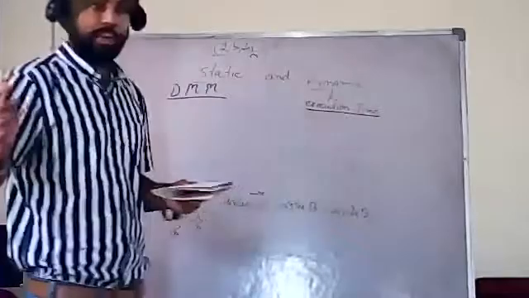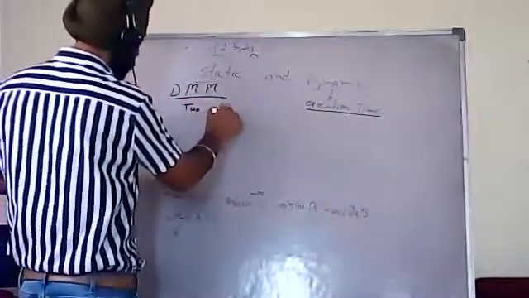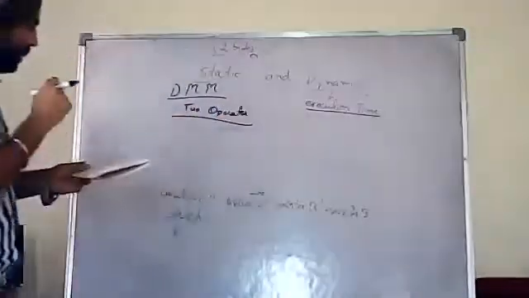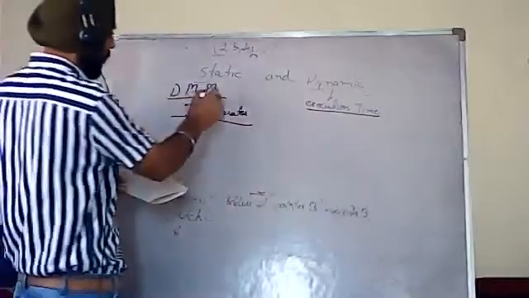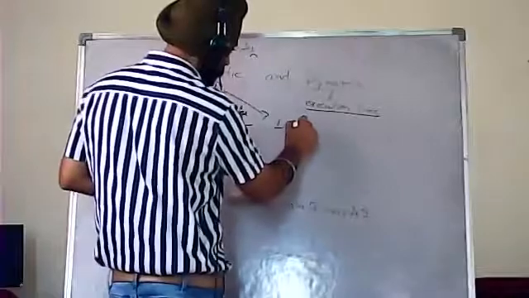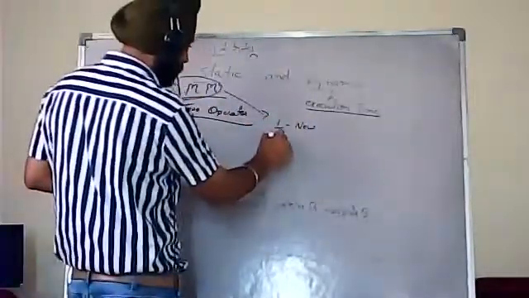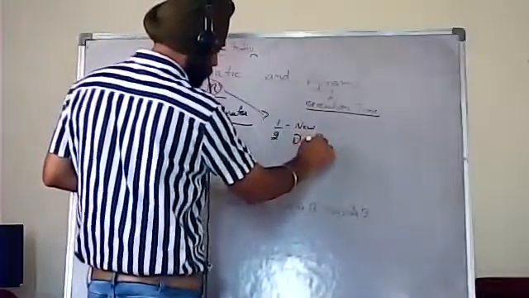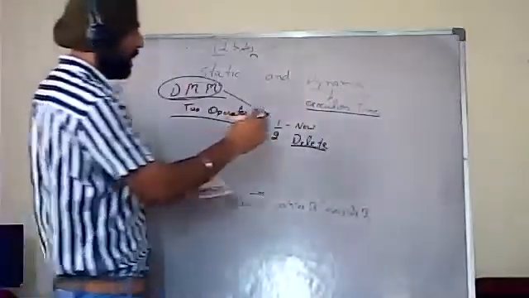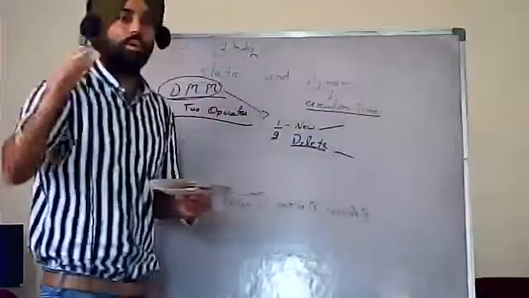We have two different operators for using this dynamic memory management. One is the new operator and the second one is the delete operator. New is specifically for allocating the memory and delete is for deallocation.